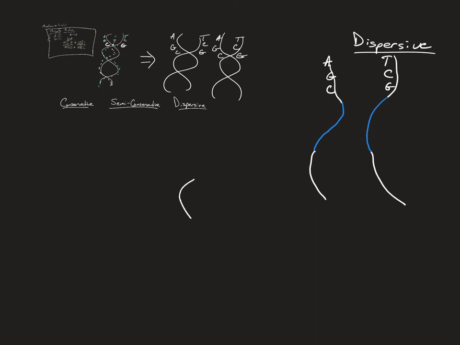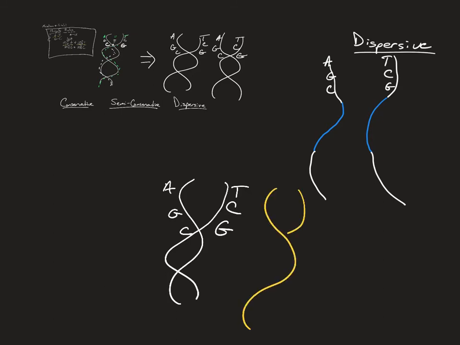I could take the original, the A, G, and C, and I could leave it completely the same. The AGC and the TCG could stay the same, and then I would just make a new molecule of DNA that's an exact copy, ATGC.